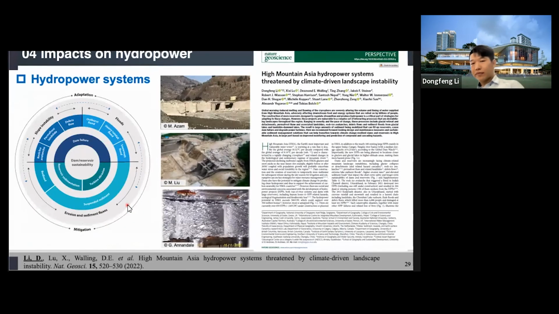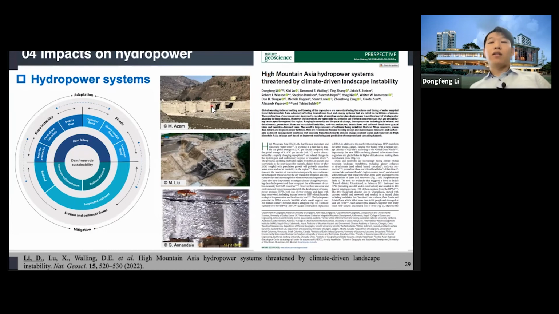We summarized these processes in a perspective paper in Nature Geoscience to show that climate-driven landscape instability, including slope instability, extreme frost, and also increasing river sediment, can have very negative impacts on Himalayan hydropower systems.